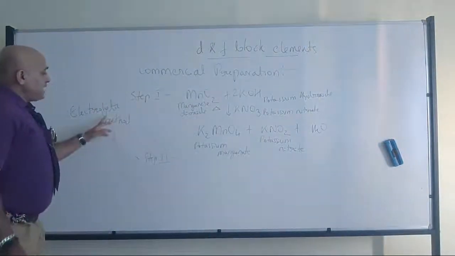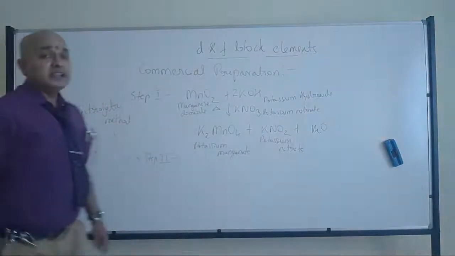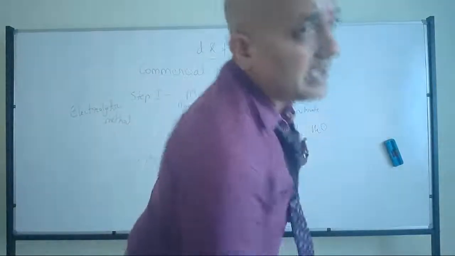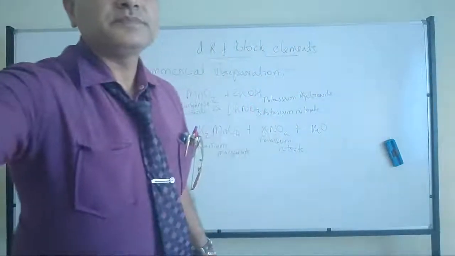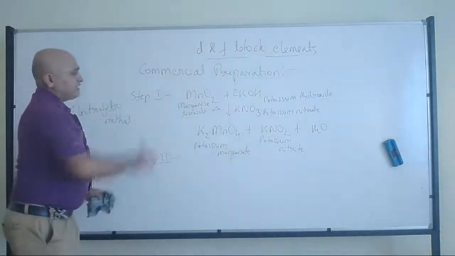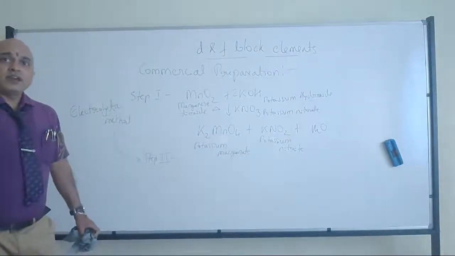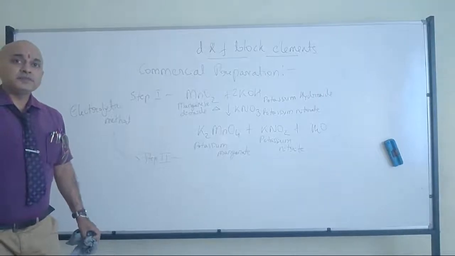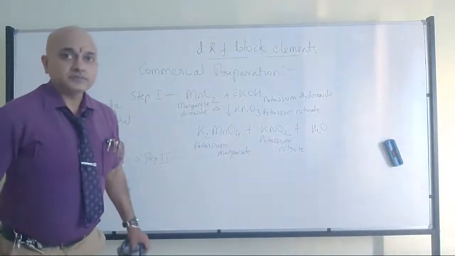Now in step 2, as I told, it will go for the electrolytic method. Any doubts in this? Because I will remove this so that I have some space. All of you have understood? Any doubt?